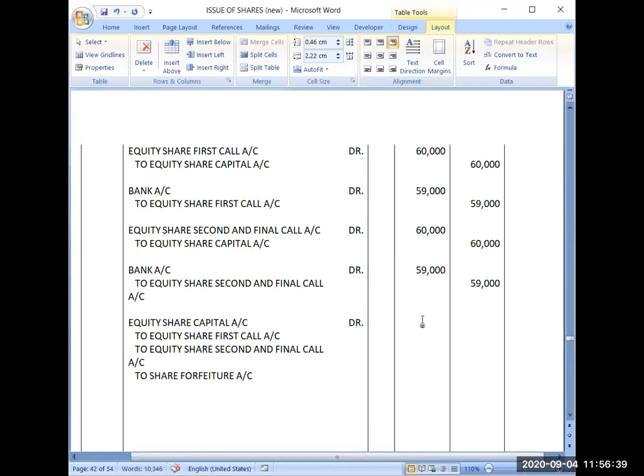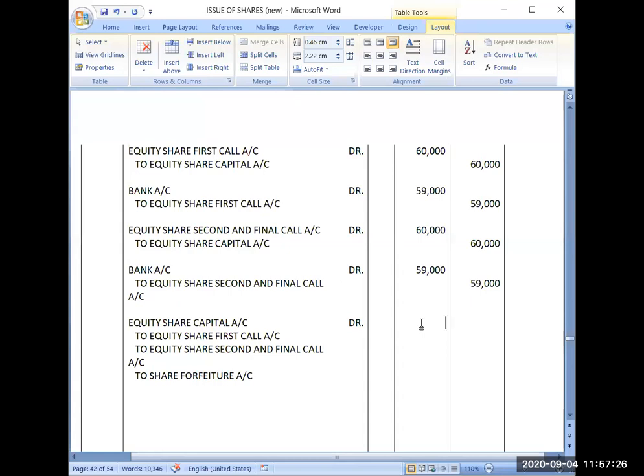So now first thing is that I am forfeiting 500 shares. Always speak these things. Now onwards the things will become complex. That's why every time I repeat some very important points. If you speak these points, you will never make any mistake. So now I am forfeiting 500 shares and they are fully called up because I have called the last call also.